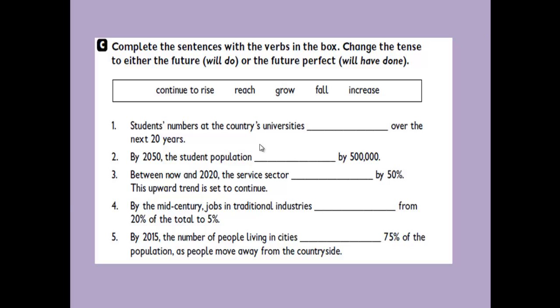Students' numbers at the country's universities will continue to rise over the next 20 years. Number 2. By 2050, the student population will have increased by 500,000.